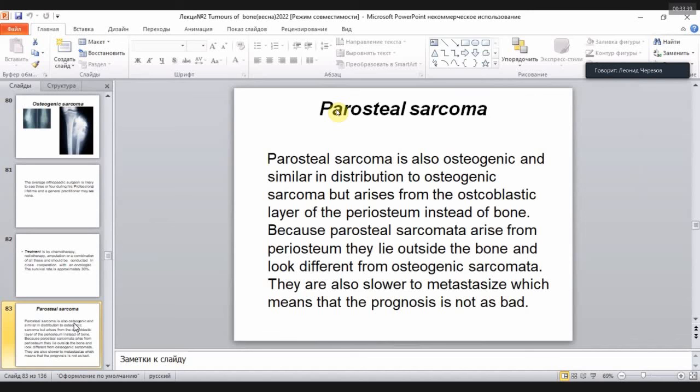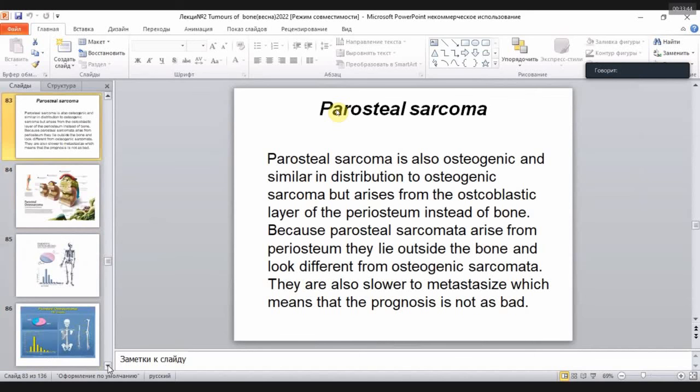Periosteal sarcoma. Periosteal sarcoma is also osteogenic and similar in distribution to osteogenic sarcoma, but arises from the osteoblastic layer of the periosteum instead of bone.